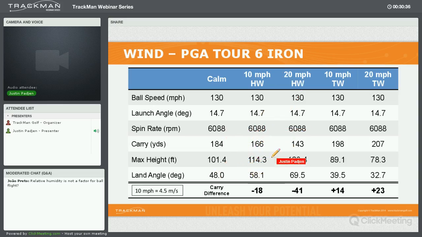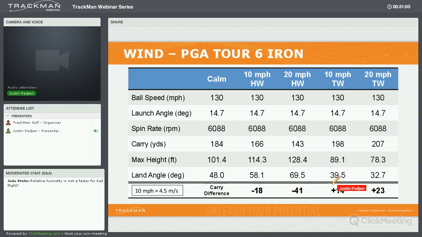You can see how it gets a lot steeper, it goes higher, and it goes a lot shorter. And then if we look at how the tailwind affects it, if we stick with the 10-mile-an-hour first, the headwind makes you lose 18 yards, and a tailwind makes you gain 14 yards, assuming that you have the same launch conditions for the same shot.